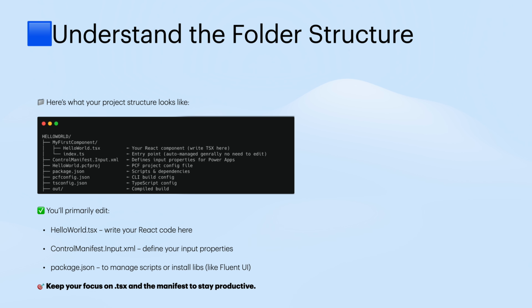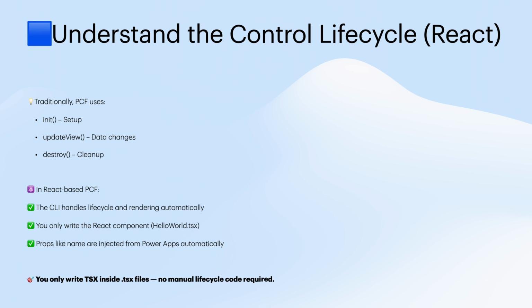ControlManifest.Input.xml defines your properties. This is where Power Apps knows what data to send. Package.json is for managing dependencies. For this episode, we will primarily edit just HelloWorld.tsx and the ControlManifest.Input.xml. Pro tip: keep your focus on .tsx and the manifest to stay productive.